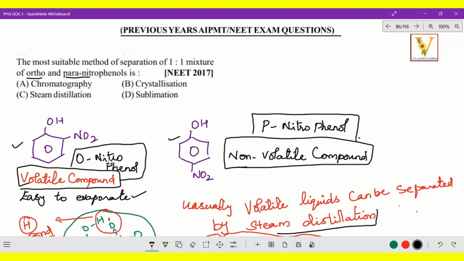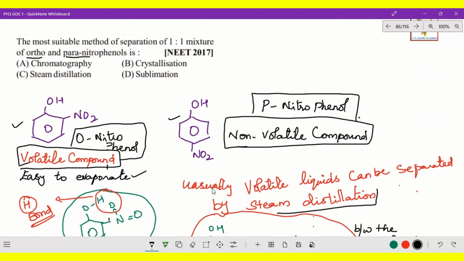Orthonitrophenol is a volatile compound, whereas para-nitrophenol is a non-volatile compound. Usually, a volatile compound can evaporate very easily. So this is separated by steam distillation. Usually volatile liquids can be separated by steam distillation, that we have learnt in the concept wise method.